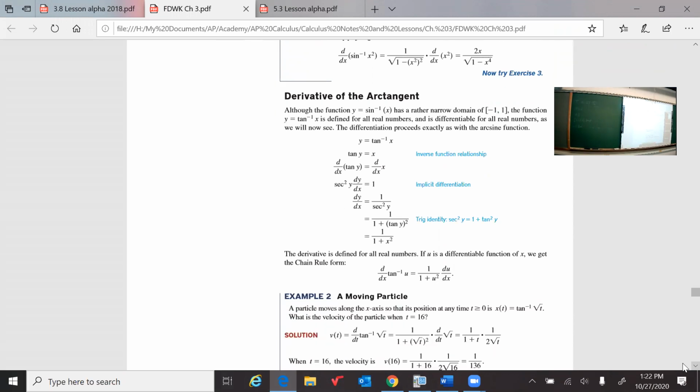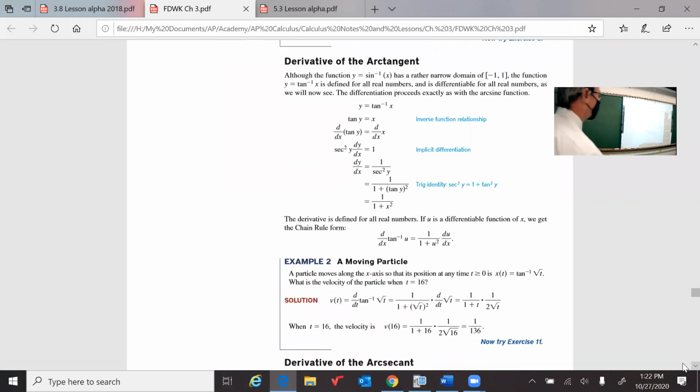I want the derivative of the inverse tan. Y equals the inverse tan of x is the same thing as saying tan y equals x. Yes, I get that. The derivative of the right side is going to be a 1. The derivative of tan y with respect to x is secant squared y dy dx. You need to know the derivative of the tangent for the quiz. So you have the dy dx.